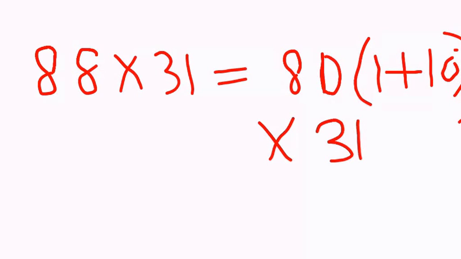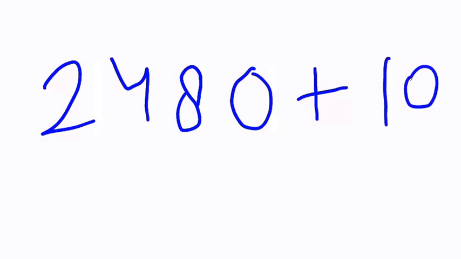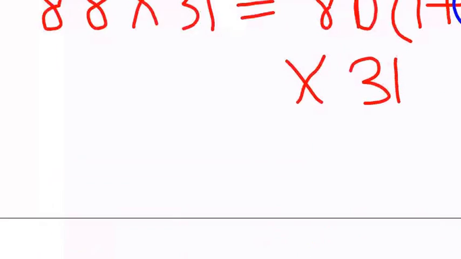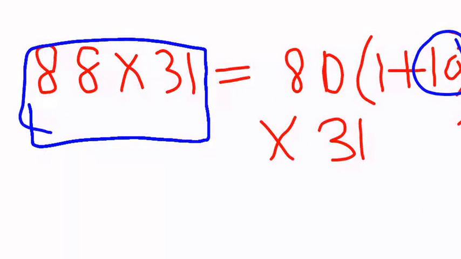You multiplied first 80 by 31, and then you added the 10% later on. So I write first what is 31 multiplied by 80, and then on top I just add this 10%, which is whatever, 248 on top of it. So the idea is to break one of these numbers into a percentage and then get the number.